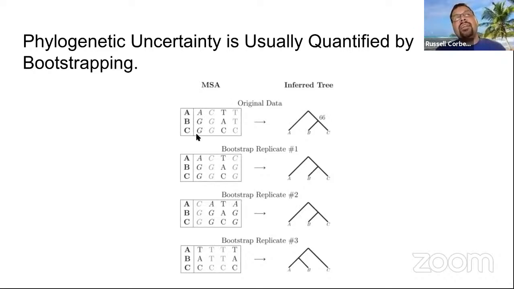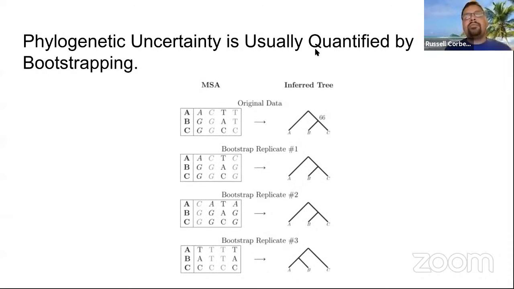The idea being that if I had infinite data that was more or less equivalent to the data that I'd sampled, I would get some representation of the possible realizations of this given the finite data that I have. My MSA has only so many positions. So for example, a first bootstrap replicate might sample AGG, this site, it might sample this site, CGG, might sample TAC, but then here you see that it's actually resampled with replacement CGG, this position, and done a bootstrap on that. And you do a series of bootstraps.